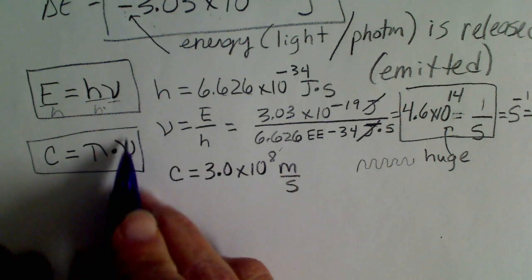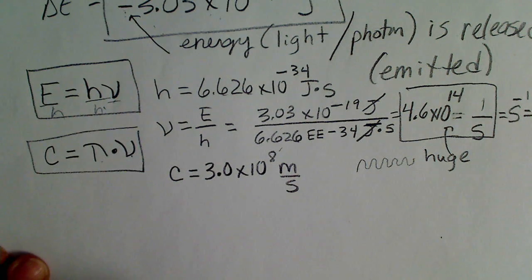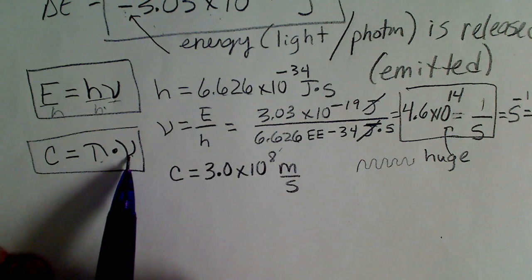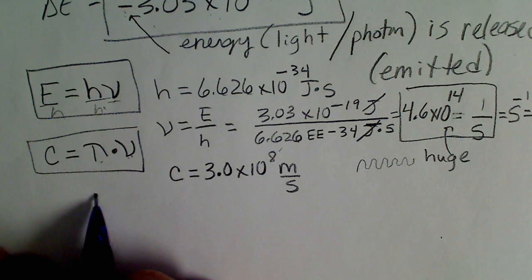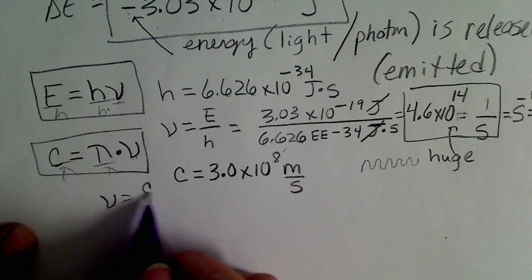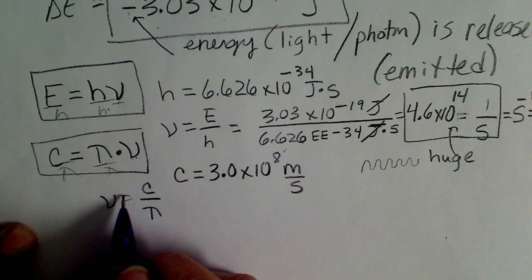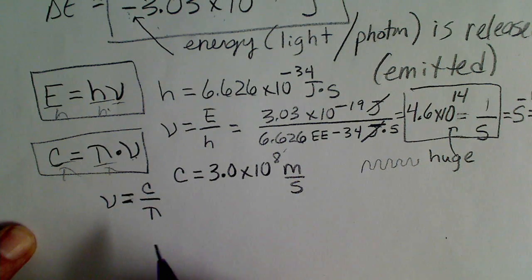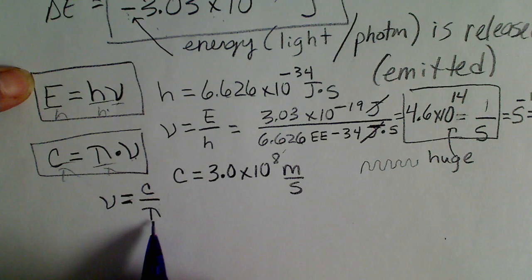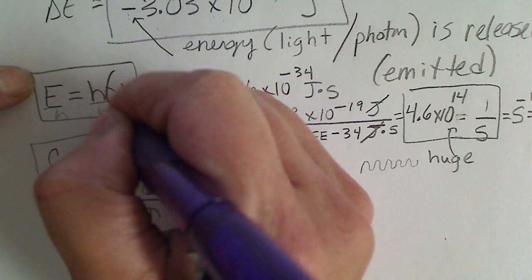And if I wanted to do a substitution, I could solve this equation for frequency. So frequency would be dividing both sides by wavelength. Frequency would be the speed of light divided by wavelength. So we can relate energy directly to wavelength using this substitution.